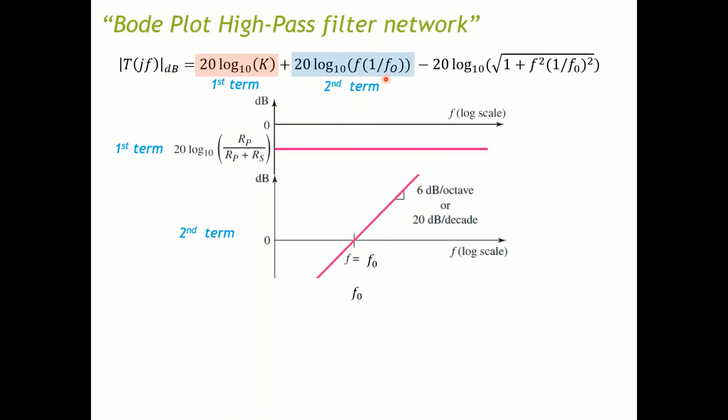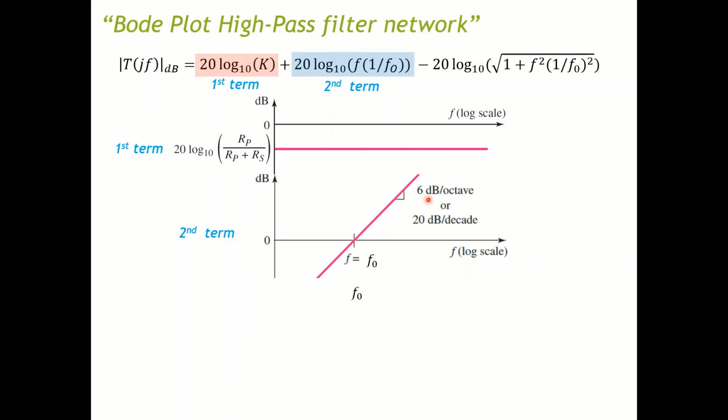So next we want to take care of the second term here. The second term technically is f multiplied by a constant inside the log bracket. So your result will technically be a linear relationship, since you have only one f term here. The question is now, what is the slope? This slope is 6 dB over 1 octave, or 20 dB over a decade.